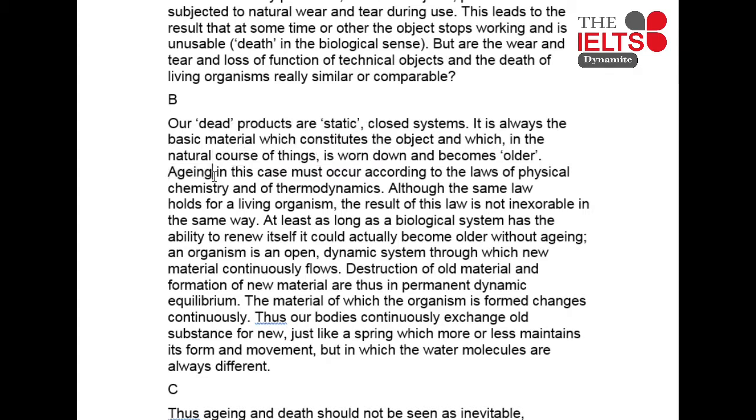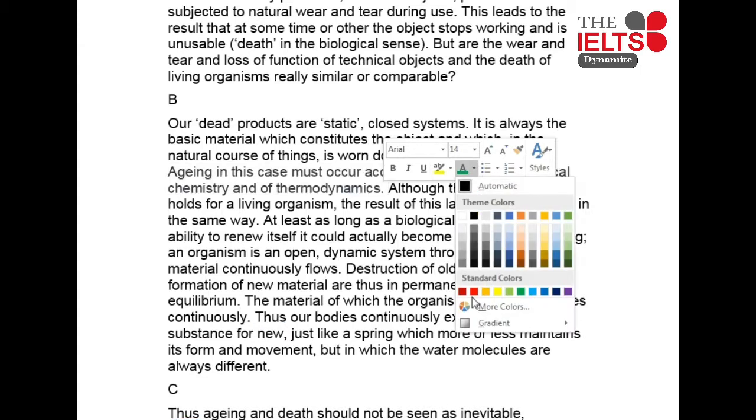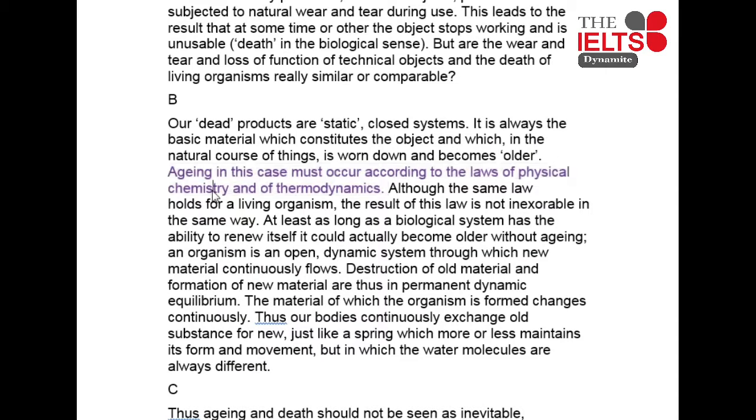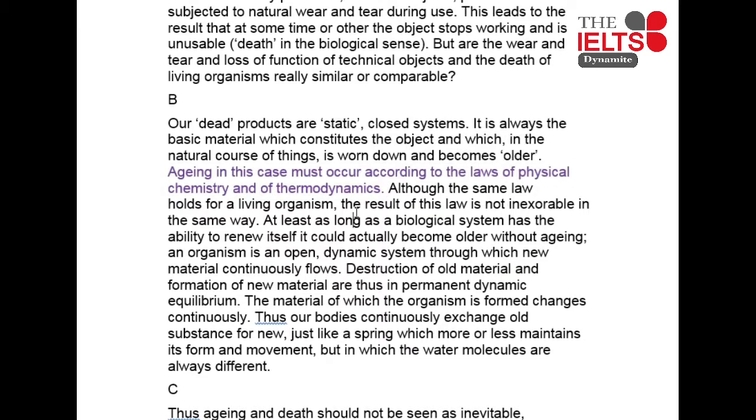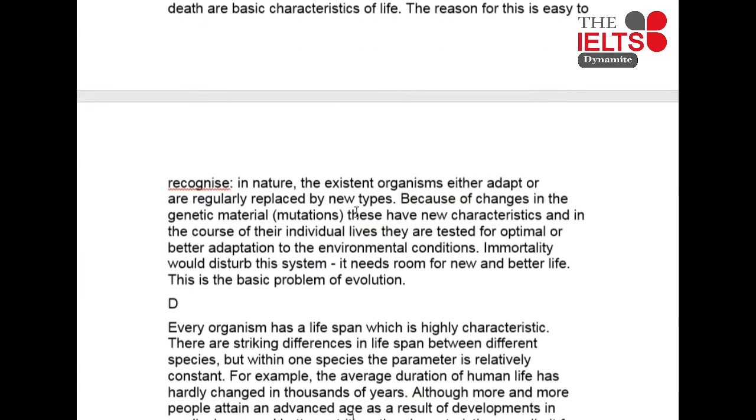Aging in this case must occur according to the laws of physical. Let's see these 2 lines here and let's compare them. Okay, let us put them here in purple.